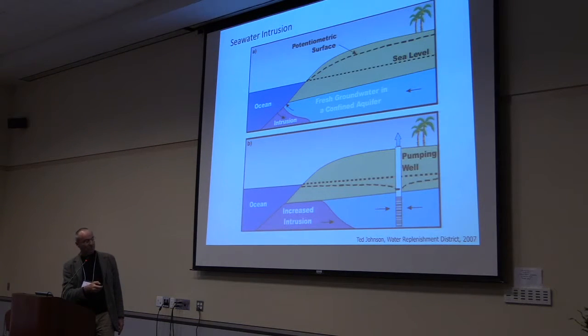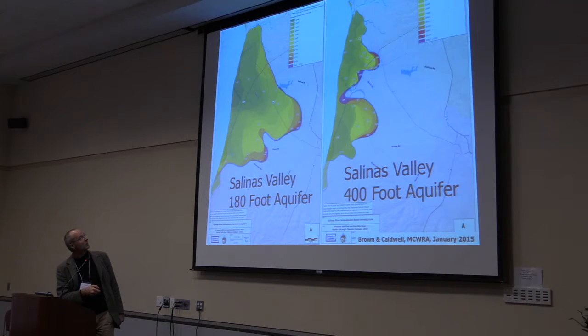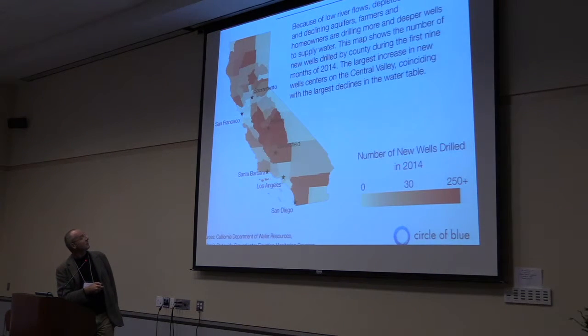Let me just show a couple examples here. Seawater intrusion happens when you lower the water level near the ocean to levels that are lower than the ocean, and then that seawater actually moves into your aquifer. This is from an LA example. In the Salinas Valley, we now have about 8 miles of seawater intrusion into the Salinas Valley aquifer just north of Monterey.